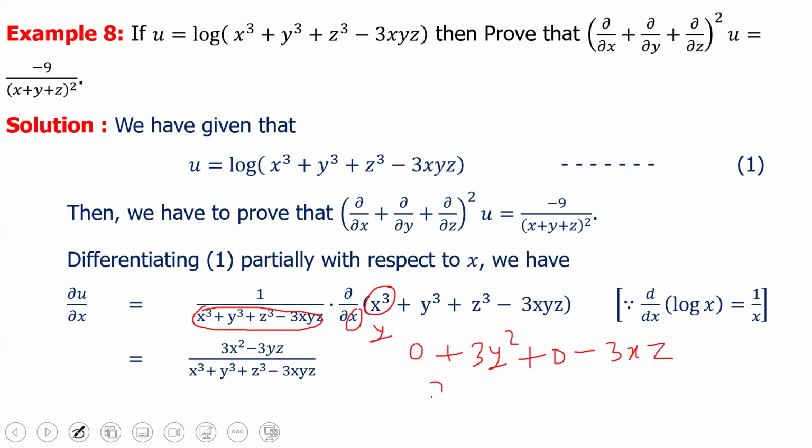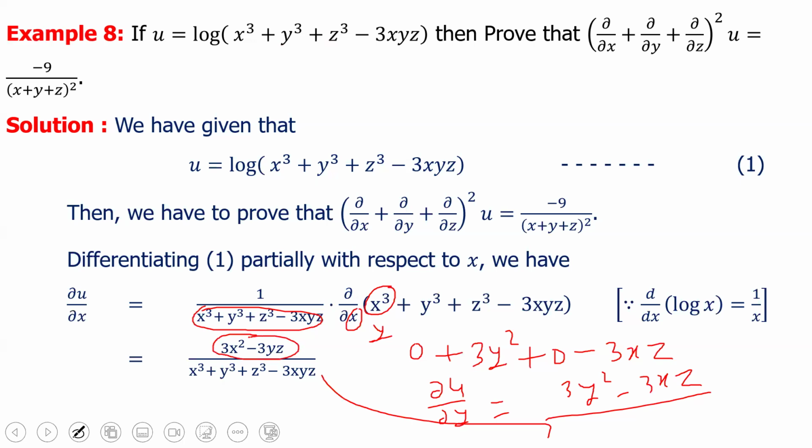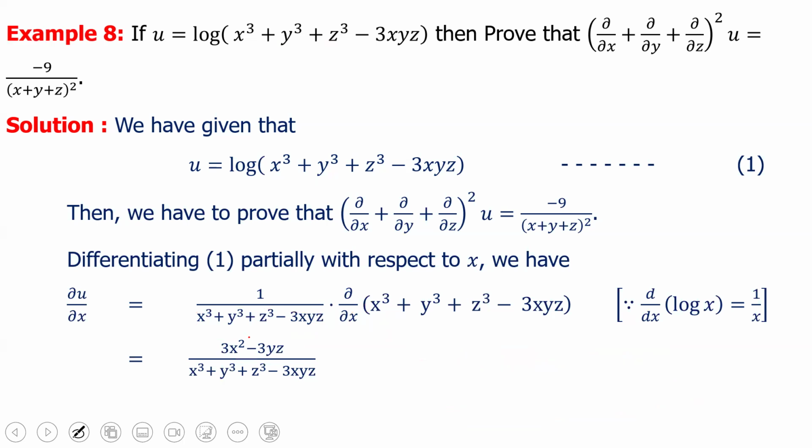So the partial derivative of u with respect to y is 3y square minus 3xz upon this term. Only the numerator 3x square minus 3yz is converted to 3y square minus 3xz. And similarly, we are also able to get the value of del u del z.